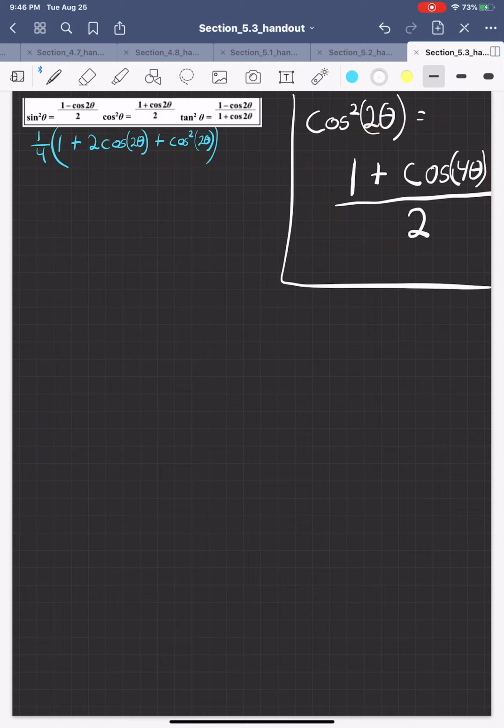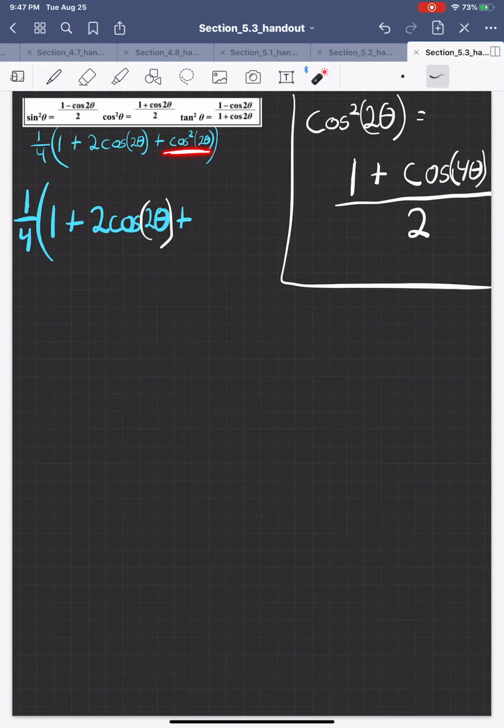So let's do that now. So that's 1/4 times 1 plus 2 cosine. I'm going to get rid of these extra parentheses. I don't want them to confuse you. So 1 plus 2 cosine of double theta. I think I lied to you. I'll use a different color for these parentheses. Plus, okay, so now, because I need no powers greater than 1, I'm going to use this.